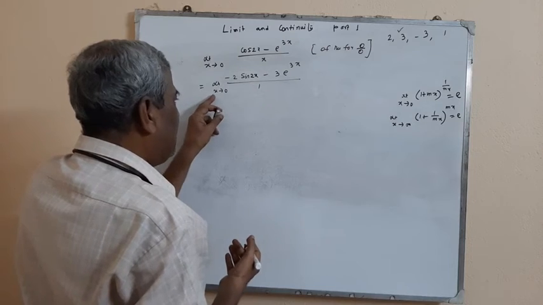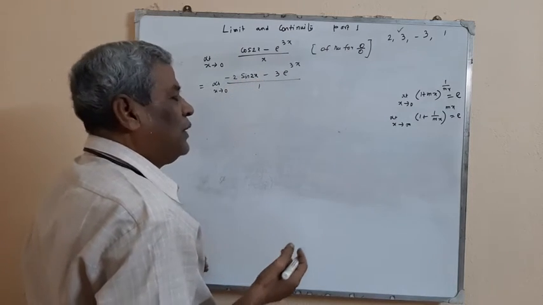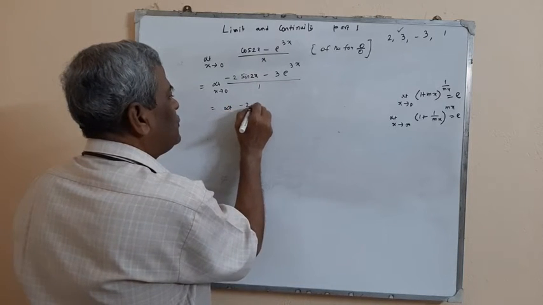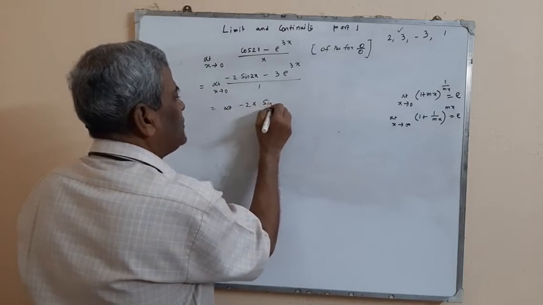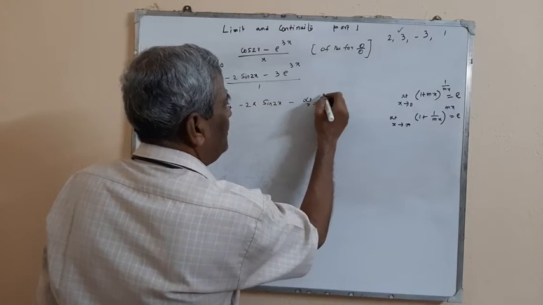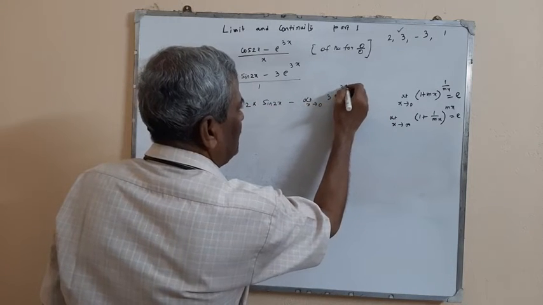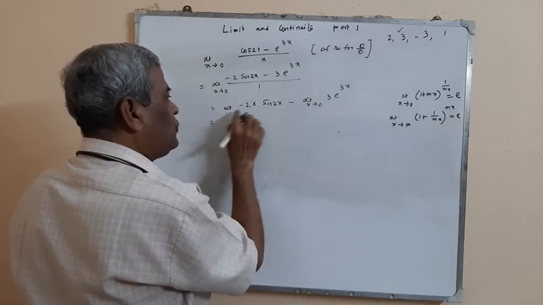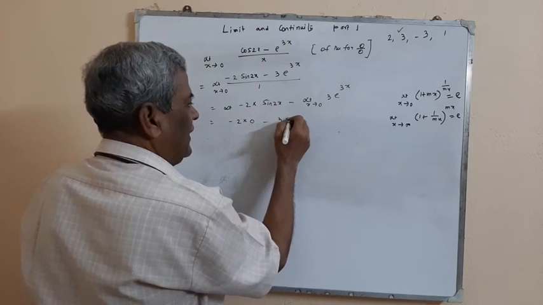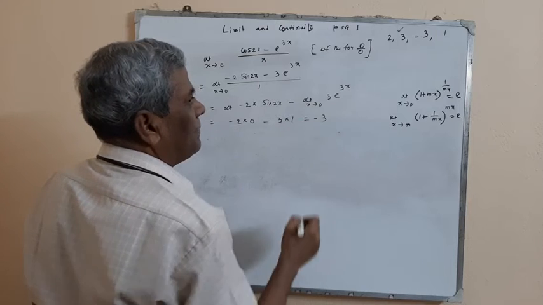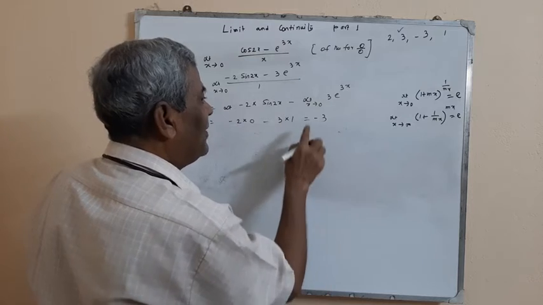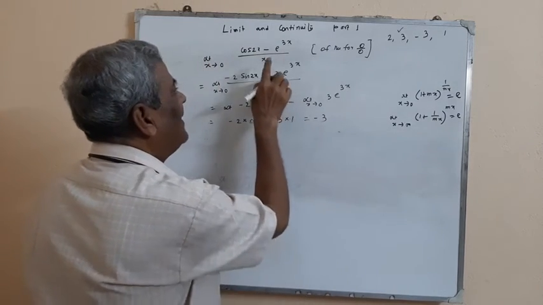Now by putting x equal to 0 over there, we get the answer. It is equal to limit of minus 2 into sine 2x minus limit x tends to 0 of 3 into e to the power 3x. Now put x equal to 0: this is minus 2 into 0 minus 3 into 1. So the answer is minus 3.